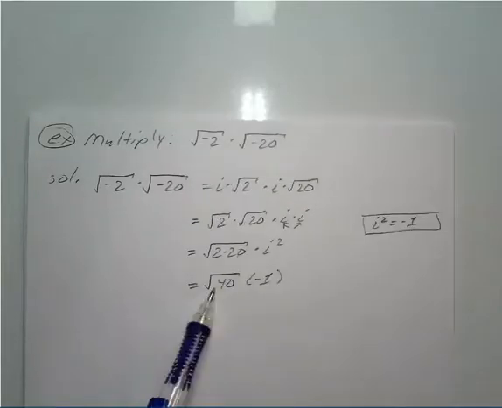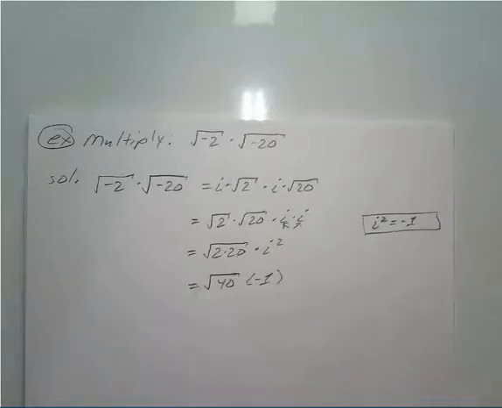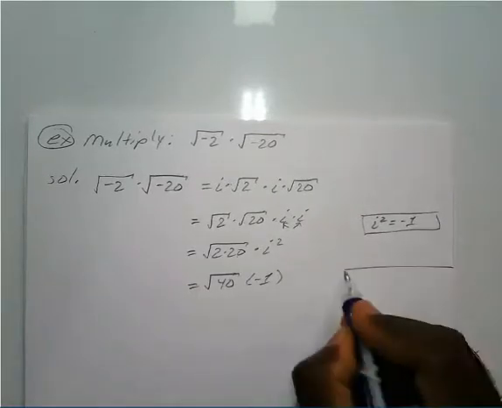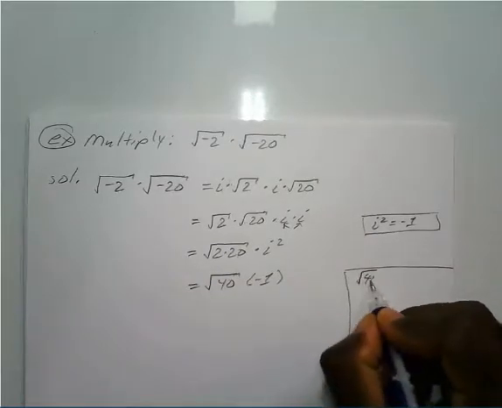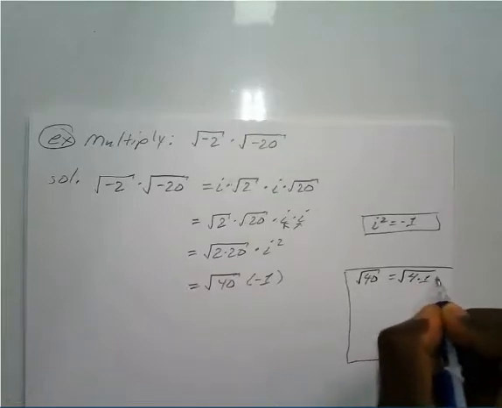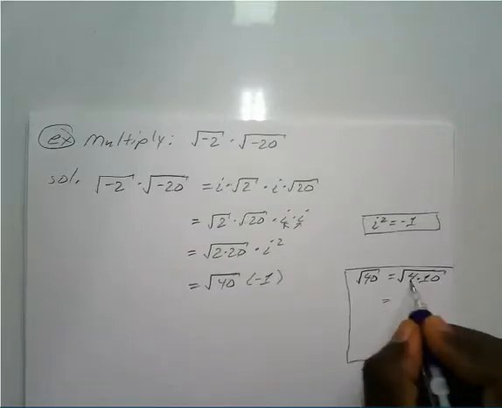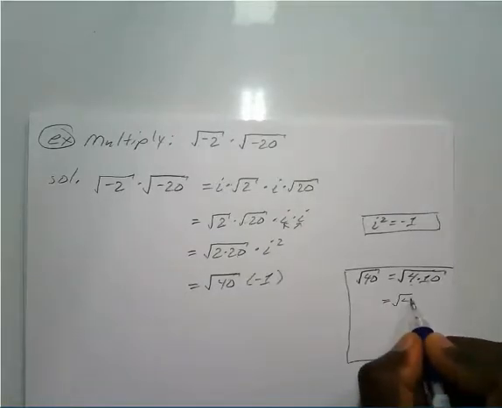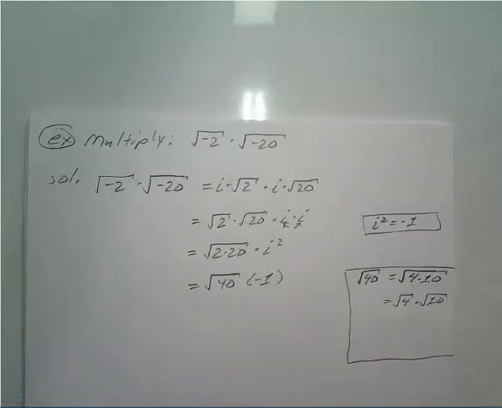Now that square root of 40 is not a perfect square, but it has a perfect square as a factor. So you have your square root of 40. That equals square root of 4 times 10. We can separate those two, so we have square root of 4 times square root of 10.